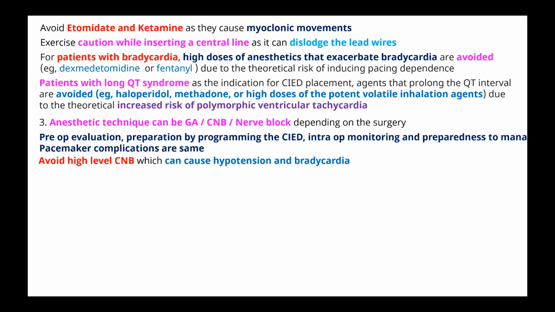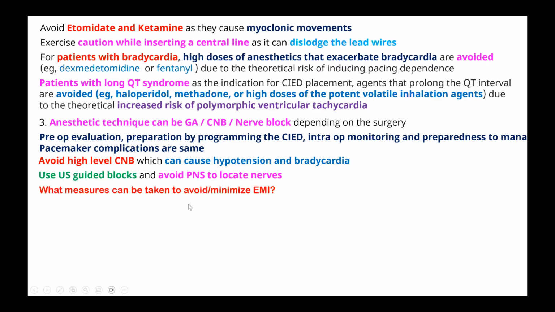If you want any block above that level, preferably go with a combined spinal epidural, where you can give a small volume and achieve a level first, and then without much hypotension and bradycardia, you can increase the level by epidural supplementation. And US guided blocks are better than using a nerve stimulator to locate the nerves, because the nerve stimulator current will again interfere with the pacemaker. So better go for US guided blocks.